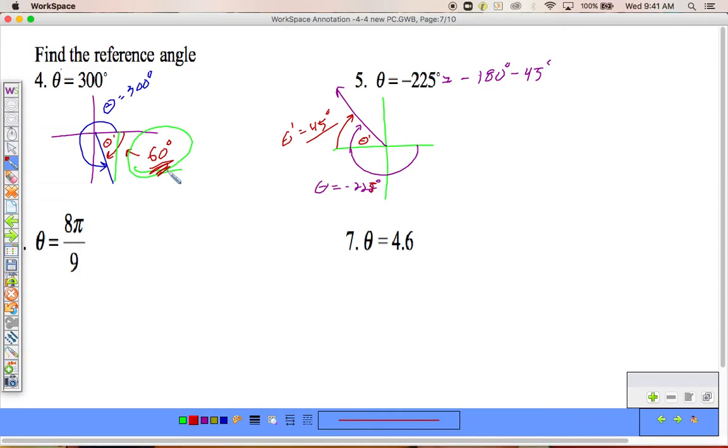My 60-degree angle was 60 degrees short of 360. So for all of these, we're working in relation to 360s and 180s, how much we're short or how much we're past those two angles. So you draw the picture, you label it, and you figure out the other piece, which is your reference angle.